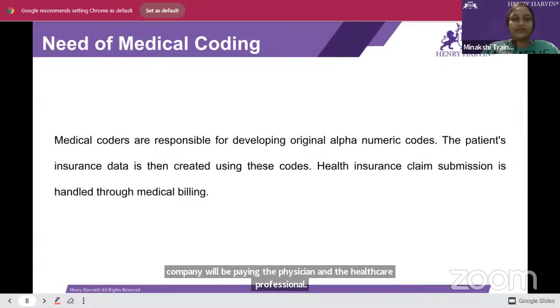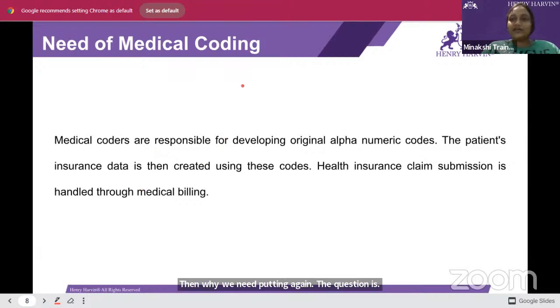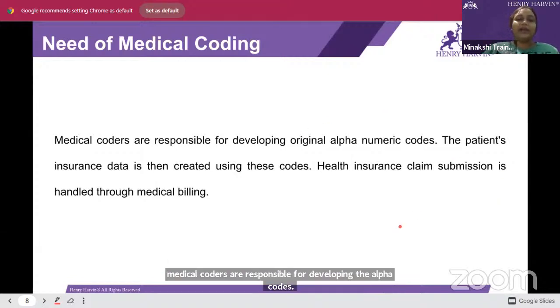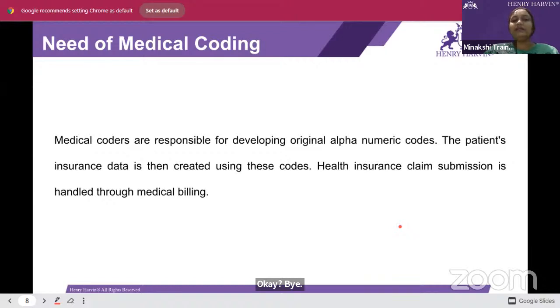Medical coders are responsible for developing the alphanumeric codes, and the patient's insurance data is created by using these codes. That's why we need medical coding.